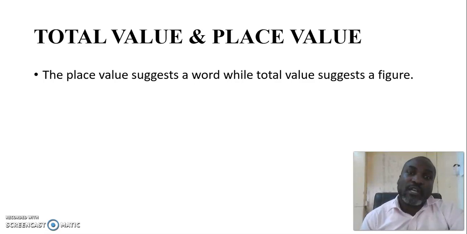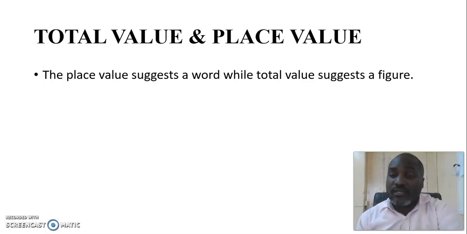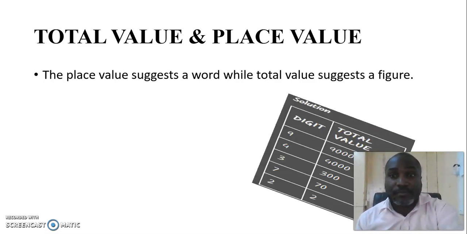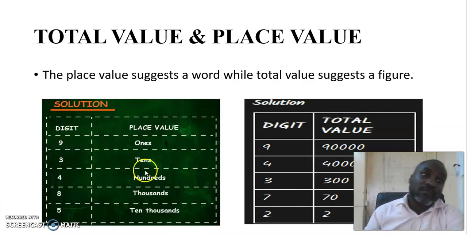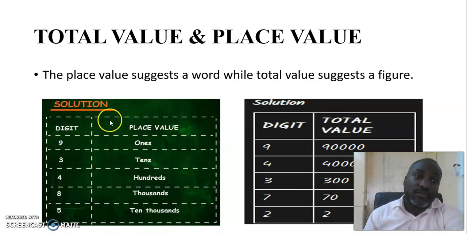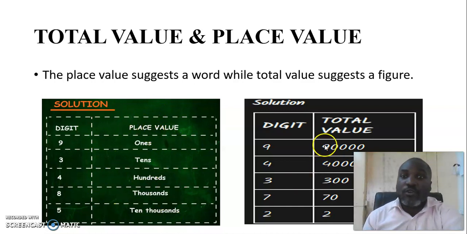But each time we come to a total value, it is a figure that comes out, such as 70 or 100 or 800 or 8,000 and so on. So the first table is describing a place value, while the second table is describing the total value.